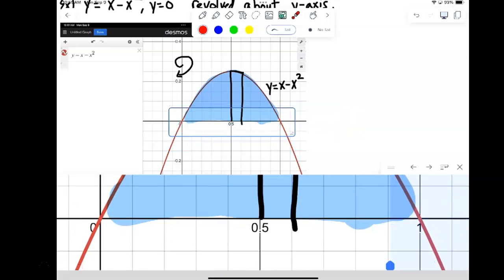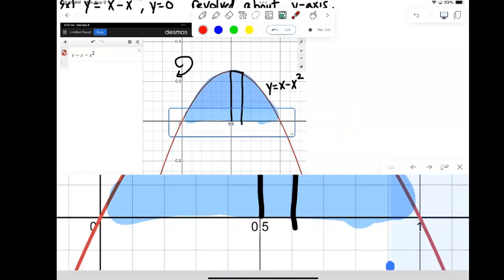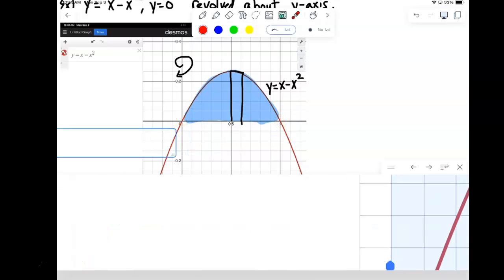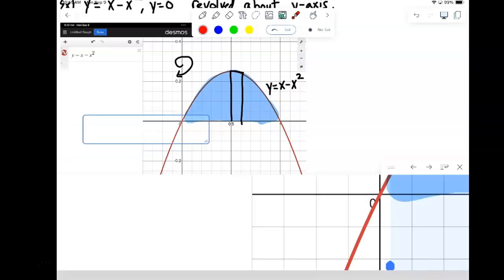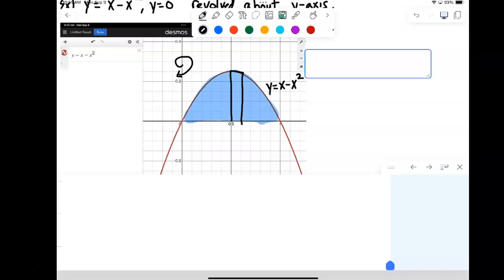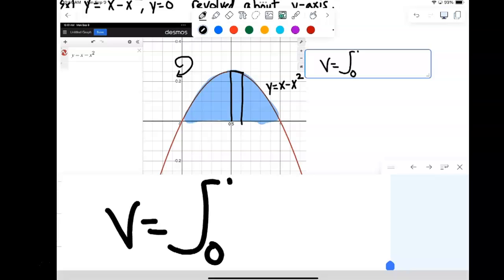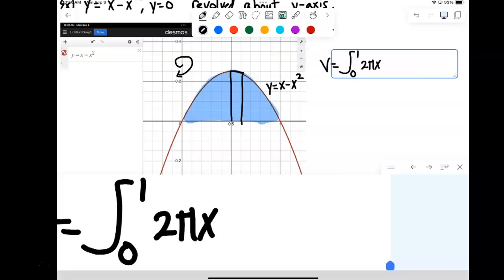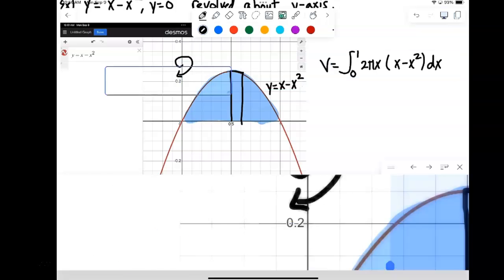So here we see this is going to go along the x-axis, first of all, between 0 and 1. So we're integrating with respect to x, but we are revolving about y because we're using shells. So the volume will be the integral from 0 to 1 of 2 pi x times f of x, x minus x squared, dx.